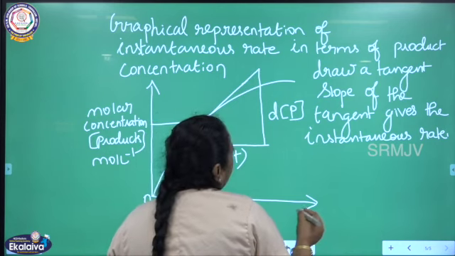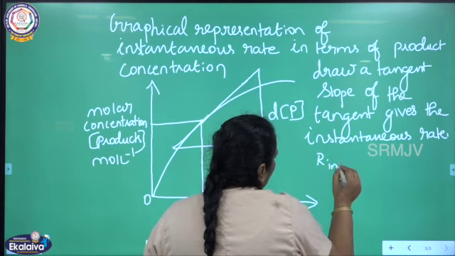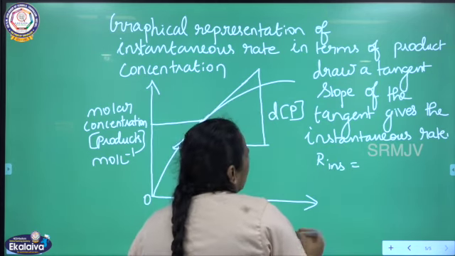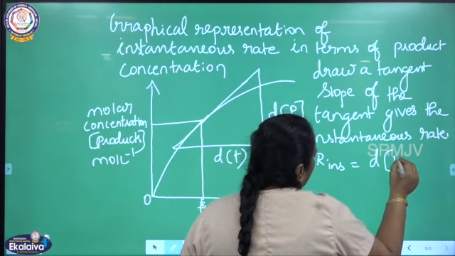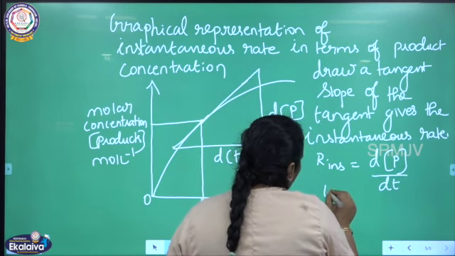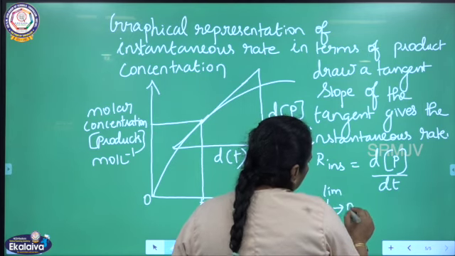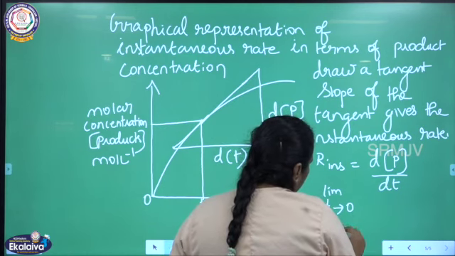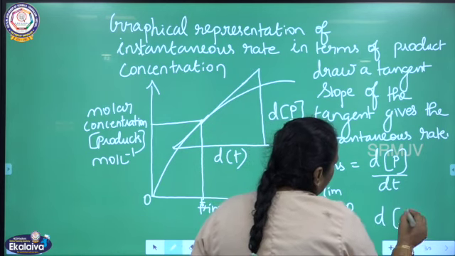If I want to indicate it in the form of an expression, R instantaneous is equal to delta P by delta t, or we can write it as dP by dt, where the limit is time approaches 0. So R instantaneous is equal to dP by dt.